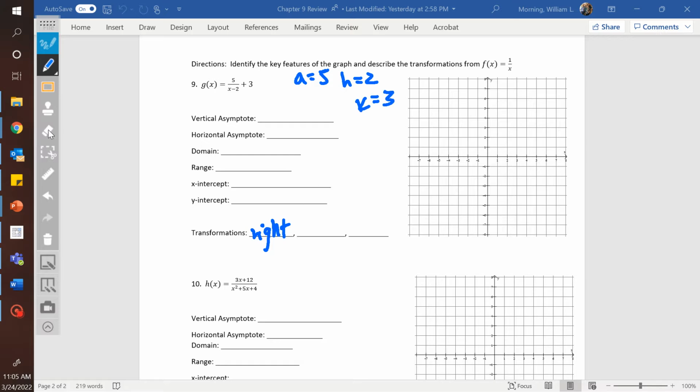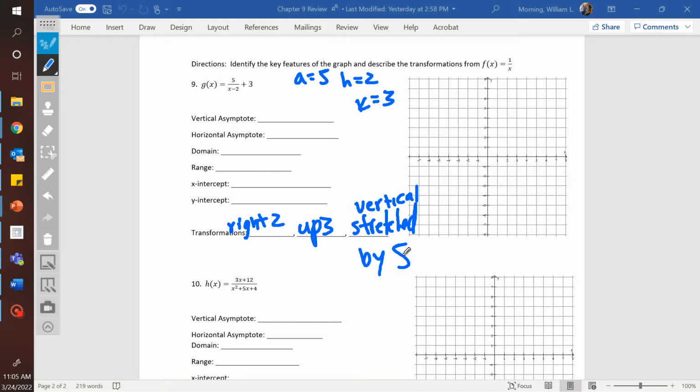So this is to the right 2, up 3, and it's been stretched vertically by a factor of 5. So the vertical asymptote is going to be at x equals 2. Horizontal asymptote is y equals 3.